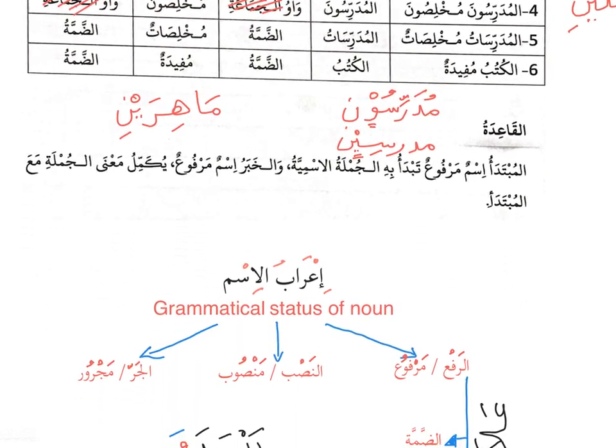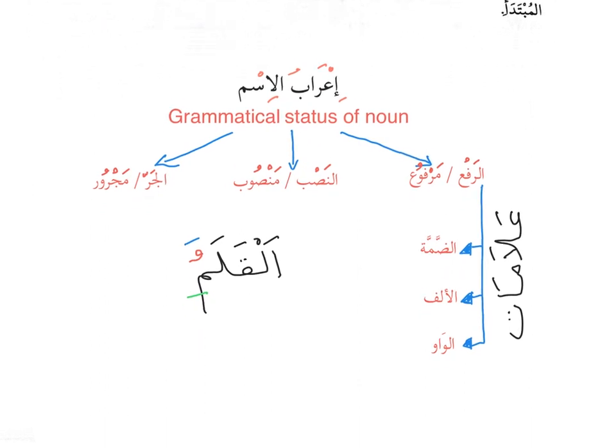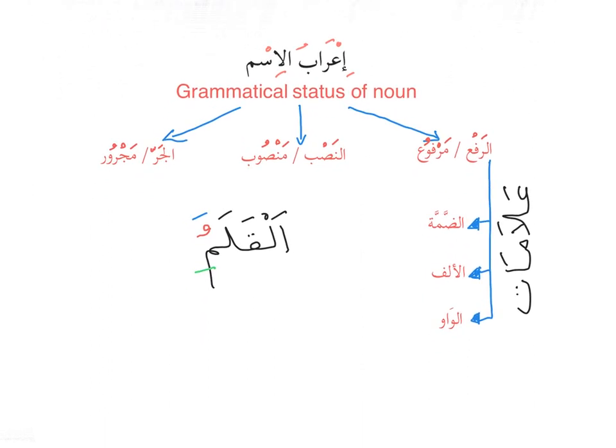Now I want to show you the summary of the signs, or the alamat, that we have seen so far. As we have mentioned, if a word is in the state of rafa' or marfu', such as mubtada and also khabar, we will end the word with several signs. The first, or primary, sign is a dhamma. But if the word is in the form of musanna, then you have to use the version that comes with an alif.